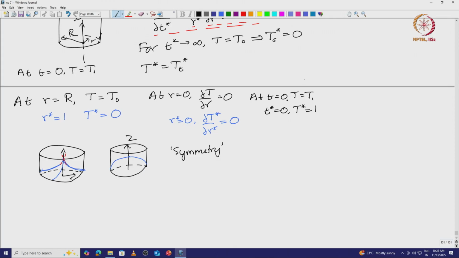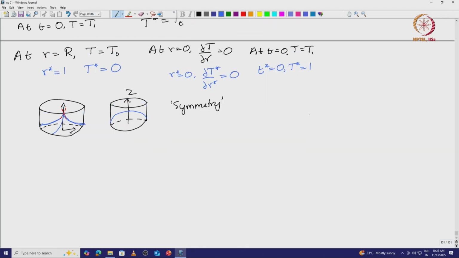So, this is the initial condition. So, there are two boundary conditions and one initial condition.